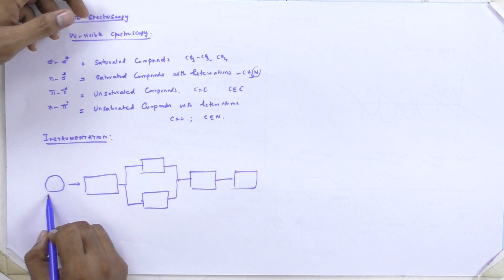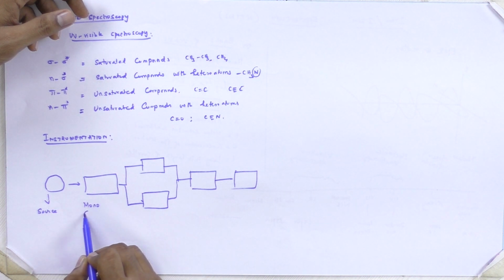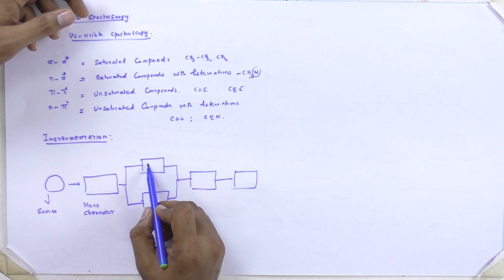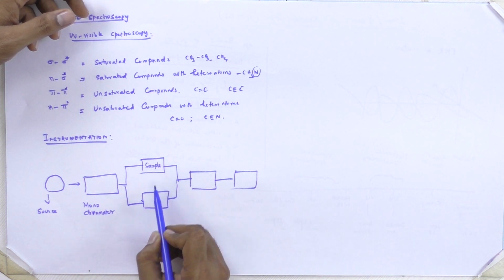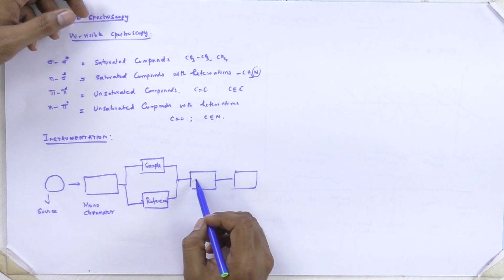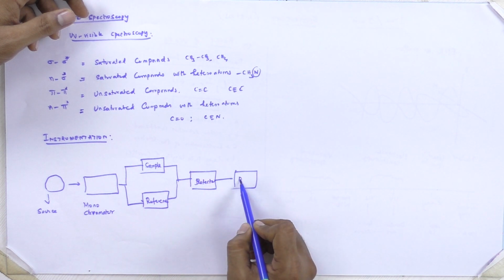The first one is the source, the second is the monochromator, then the sample and reference chamber, and next the detector and recorder.